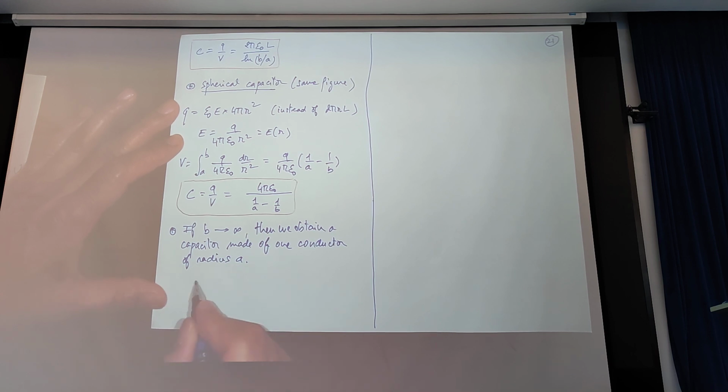And of course, in that case, if b is going to infinity, you have C equal 4 pi epsilon 0 a.